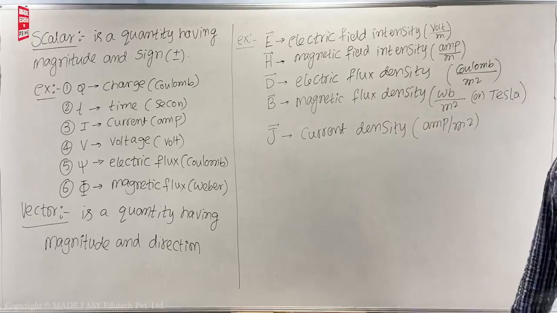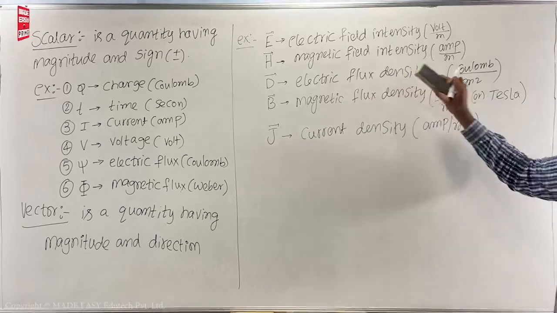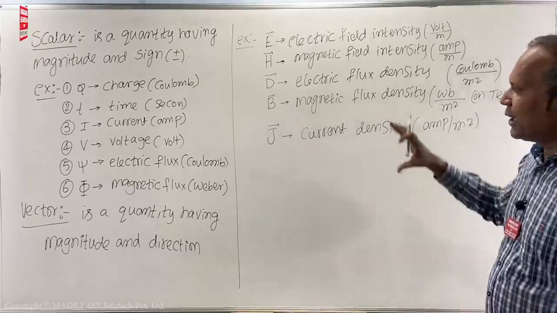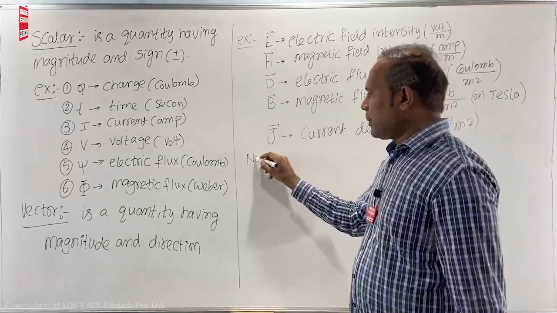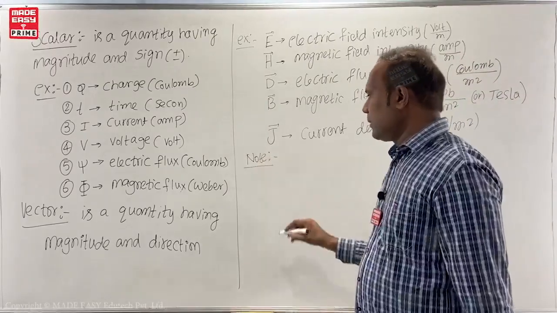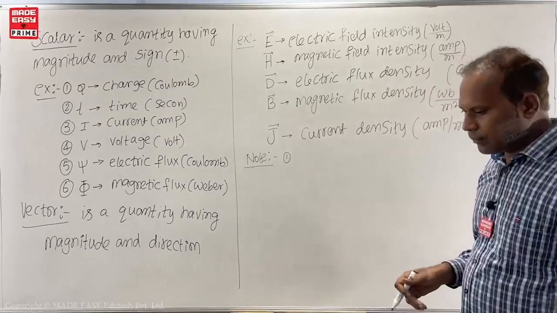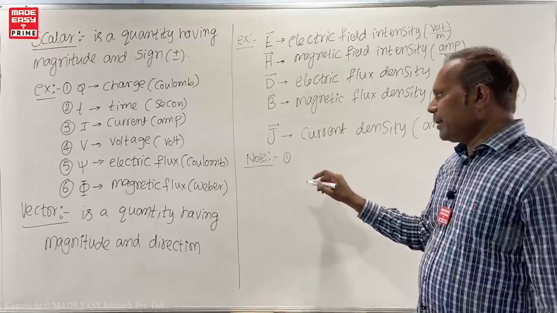So you have to remember these symbols, names and units now itself. Later on we will be studying them in detail. Now another point what you have to remember is, I will take one example.